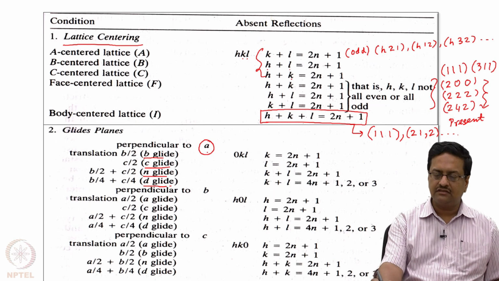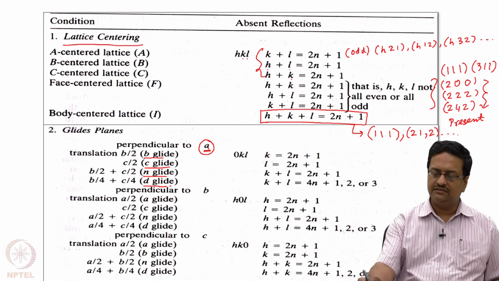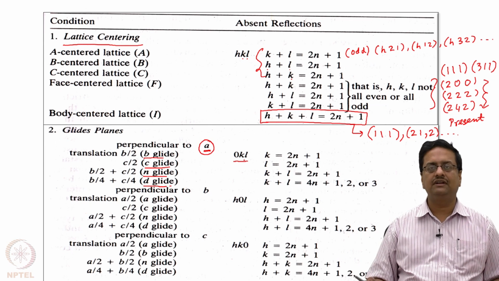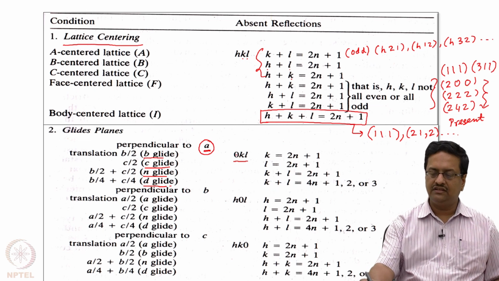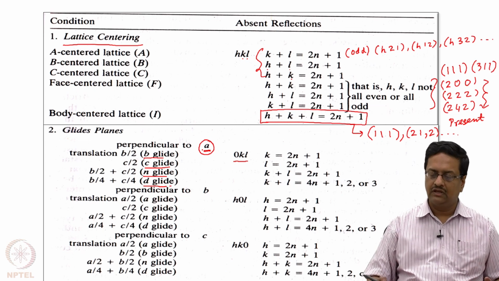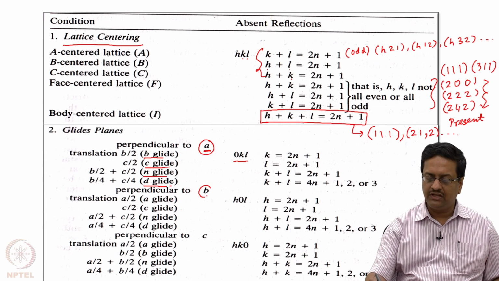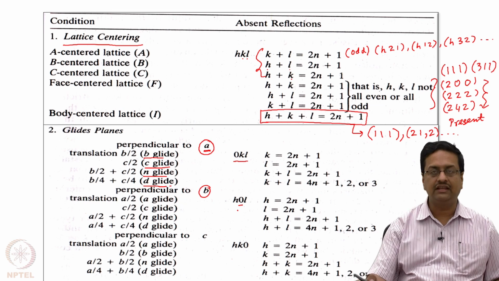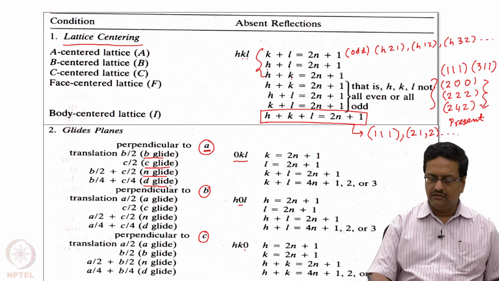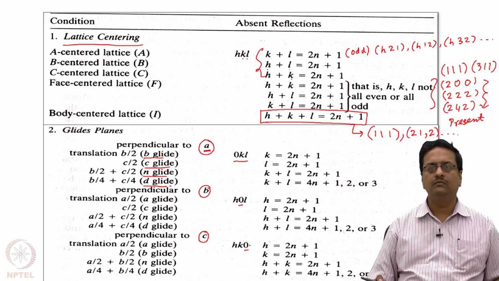When it is perpendicular to A, the Miller indices for the planes which may suffer systematic absence should be 0KL. So, this 0 comes when it is perpendicular to A. When it is perpendicular to B, it is 0 for K, and when it is perpendicular to C, 0 comes for the L index.